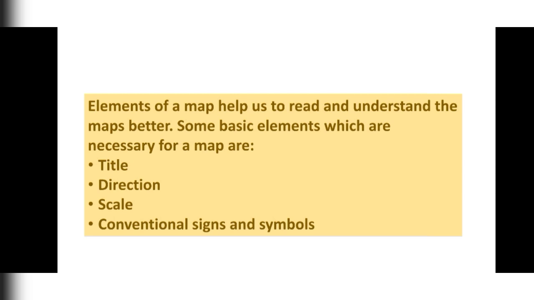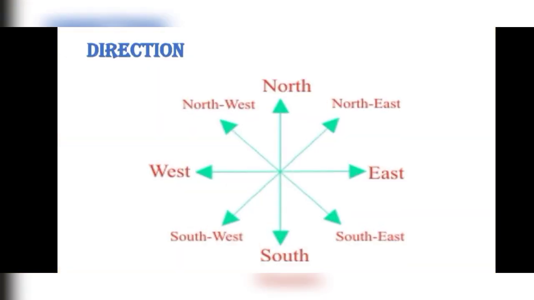Title is the subject of the map which tells what the map is all about. Direction. Basically, you have heard about four directions, that are north, south, east and west.